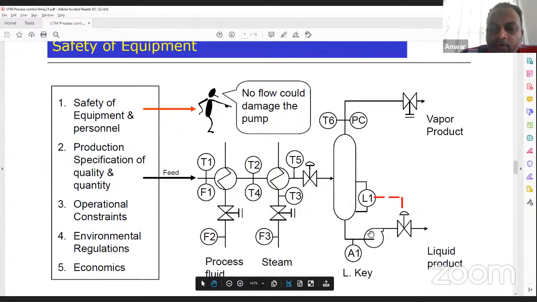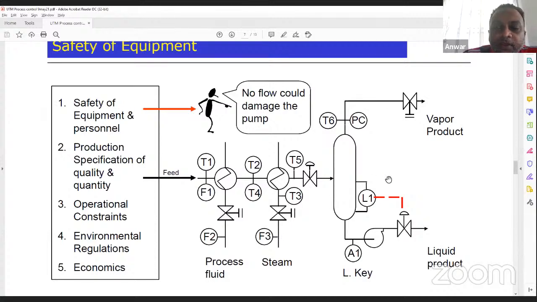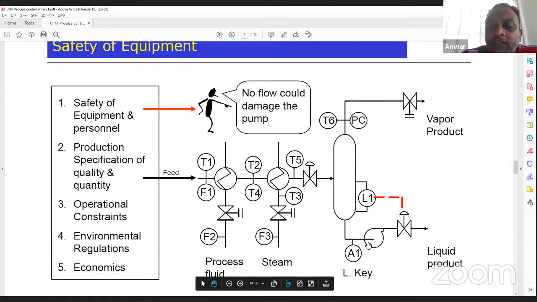So it is very important to ensure that the level in the drum is maintained at the appropriate level. So you will have a level transmitter, with a loop into the outlet stream, which is controlled by a control valve and also the pumping system.